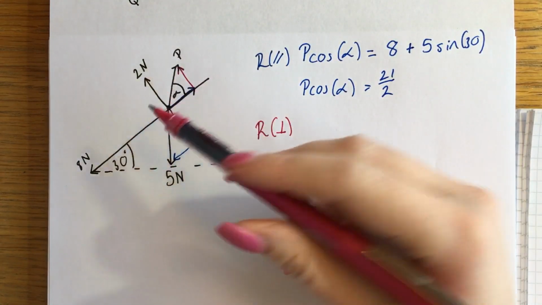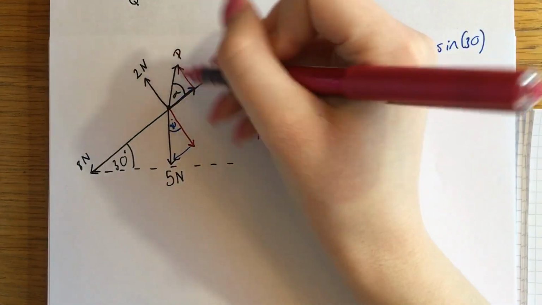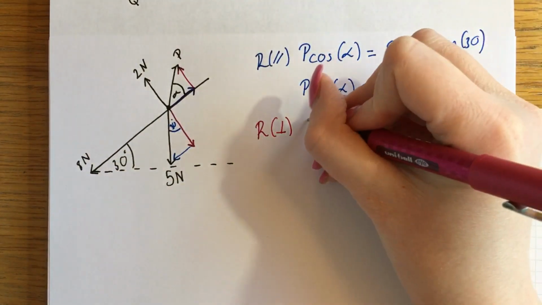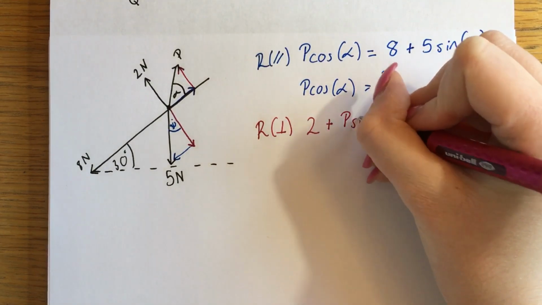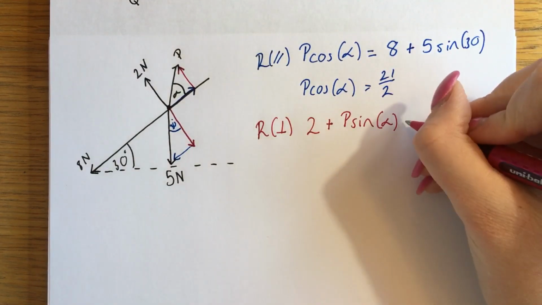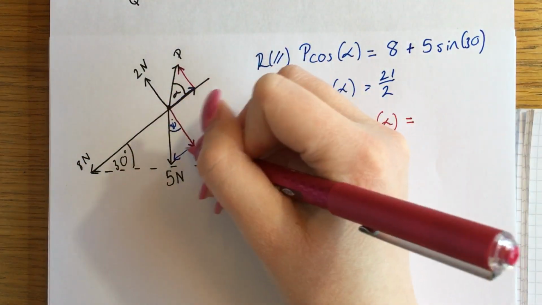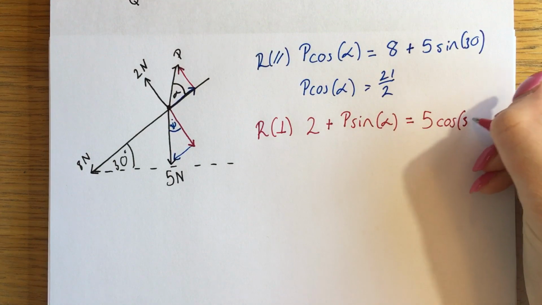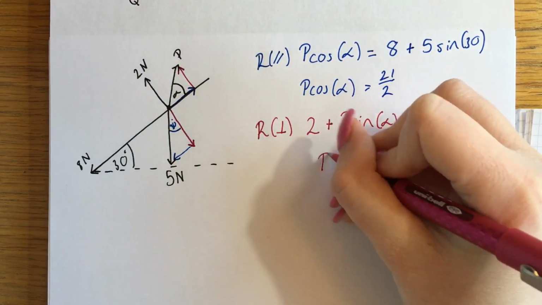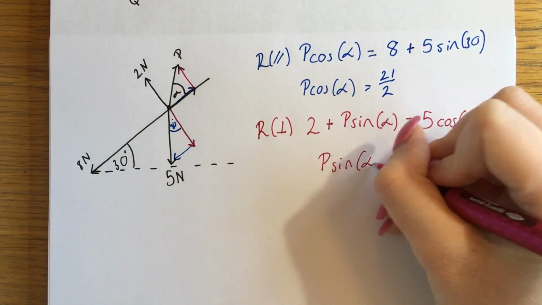So all the ones going away from the plane upwards first. So I've got 2 plus P sine alpha is equal to 5 cos 30. So rearrange.